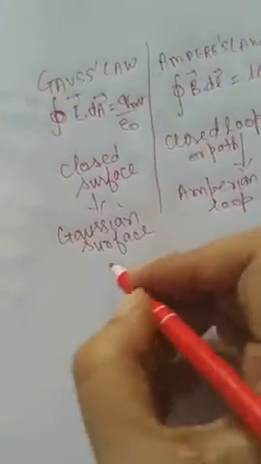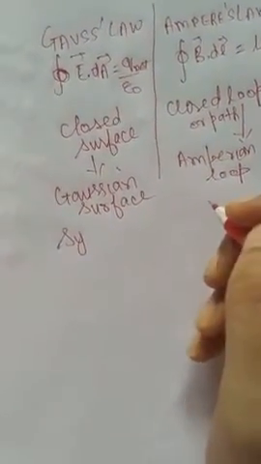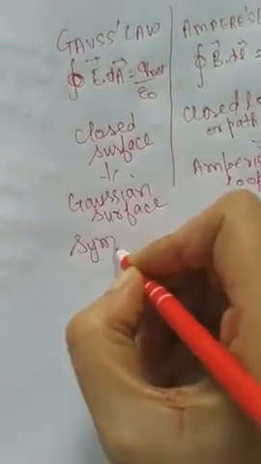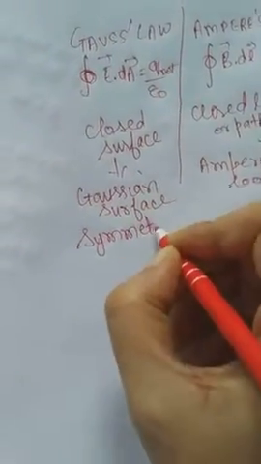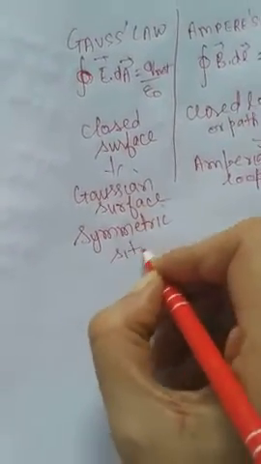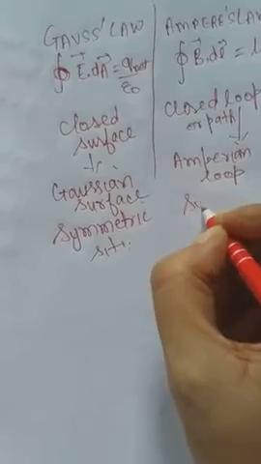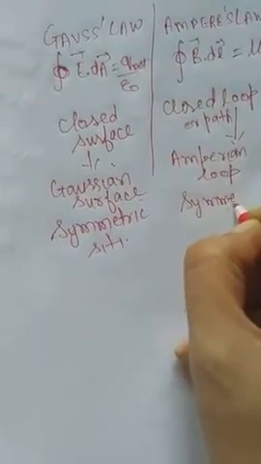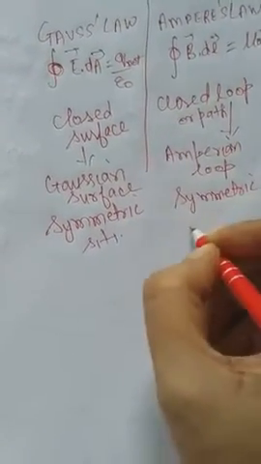Now in both cases they use a symmetric situation. When we choose the Gaussian surface, it will be according to the symmetry. In this case also a symmetric situation is used, and here also the symmetric situation is used. Clear?